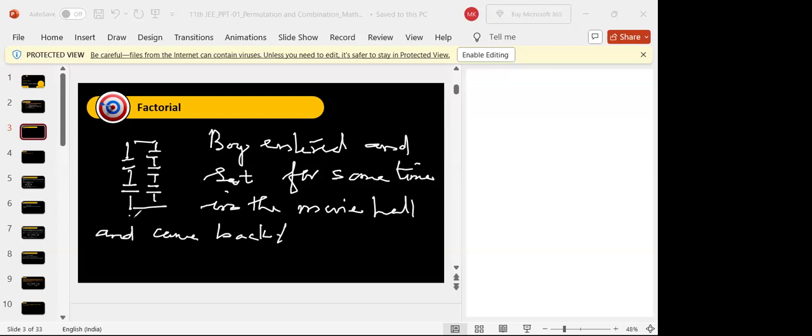That means in how many ways is it possible?